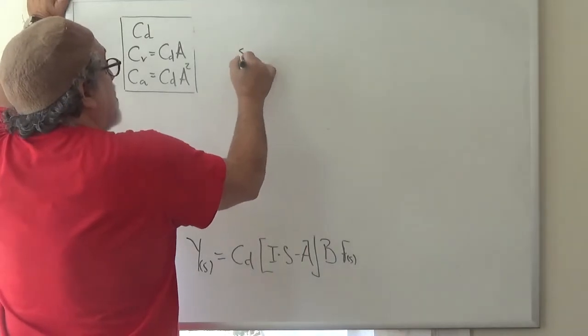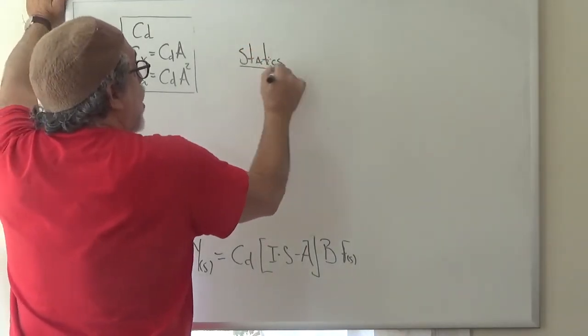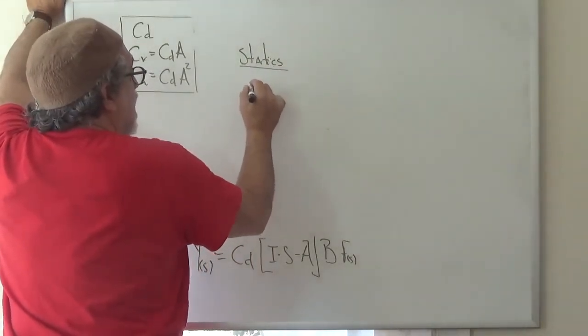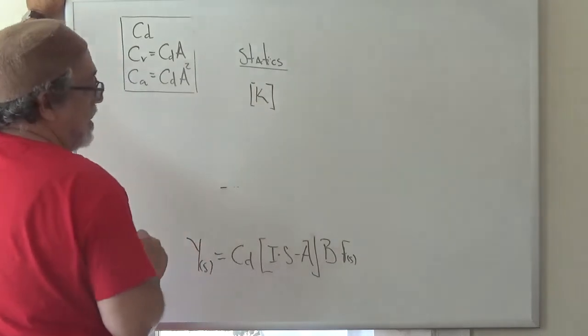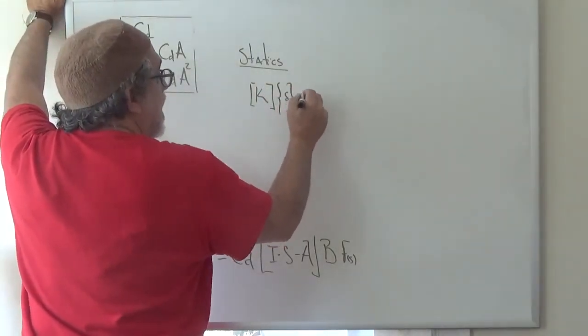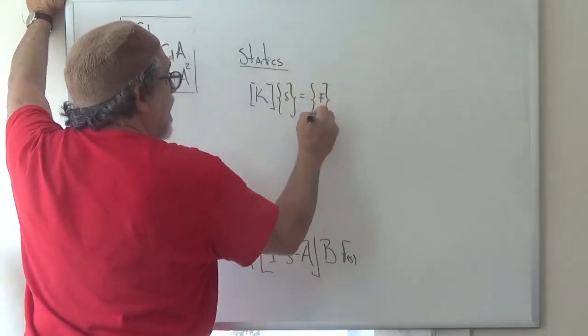In the case of statics, right, we know from our basic training that the stiffness matrix of a structure times the displacements is equal to the vector of forces, right?